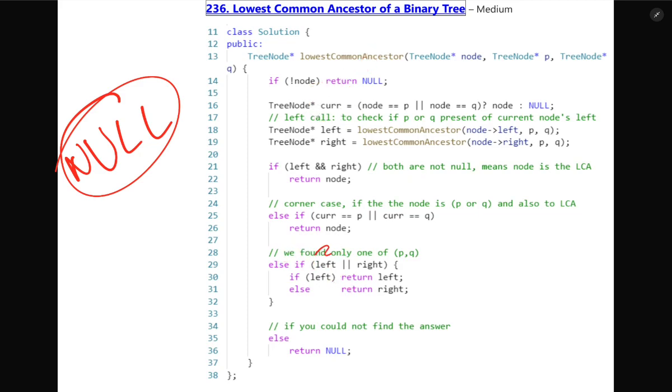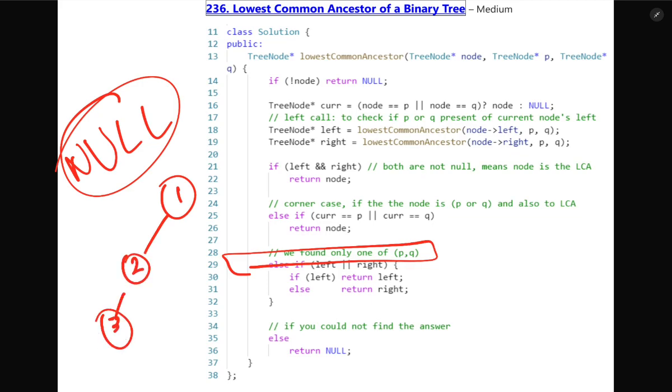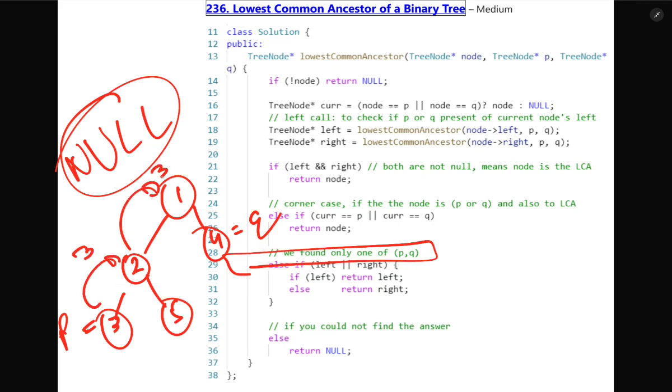And if we found only one of p and q, so if it is like 1, 2 and 3, 4 is written here, 5 is written here, so if my p is equal to 3 but my q is equal to 4, then in that case 3 will be returned here, and then 4 will be returned from here. So 1 will say that my left recursion call returned me 3, my right recursion call returned me 4. It means that I am the lowest common ancestor, and 1 will be returned.